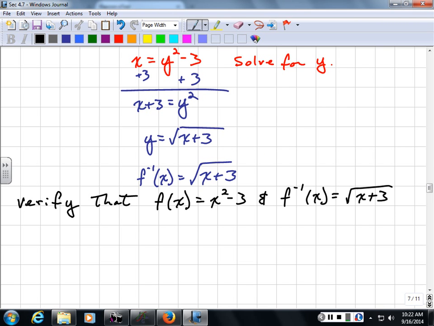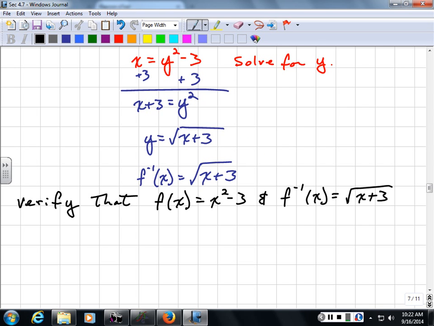No, not in this case. I know what you're thinking. You're thinking about even and odd. Yeah, that's okay. Jesse? Plug in a value for f of x and then plug in whatever answer you got into f inverse of x, and you should arrive back at your original value.